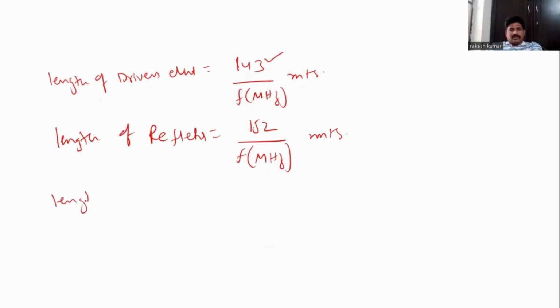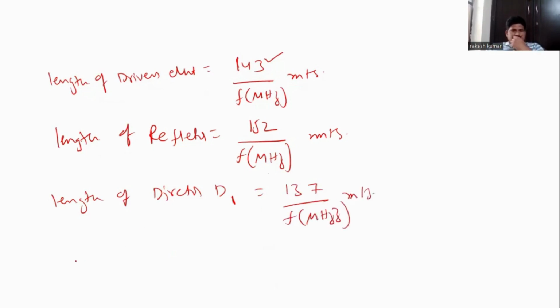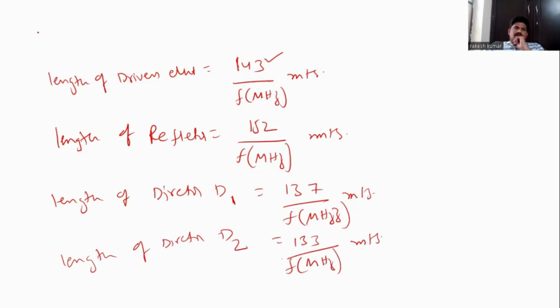Therefore, the length of director D1 is given as 137 by f in megahertz, in meters. Similarly, the length of director D2 is 133 by f, about 5% less. So these are the formulas for the length of the driven element, reflector, and directors D1 and D2.